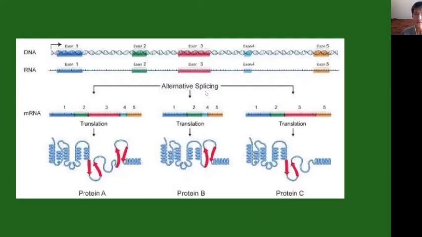Well, let's say for some reason you don't want this one here, number 4. So you say, oh, I'm going to pretend that's like an intron. Then what can happen is you put all these together, you get a different set of the genes.